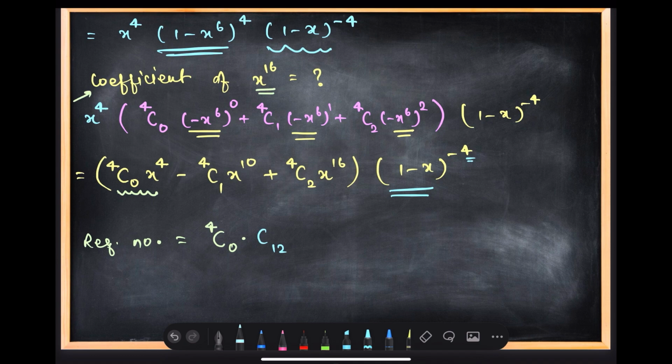So n is 4, 1 less than the lower subscript is 11, so 11 plus 4 is 15. So the fight for the first member of team A is done.